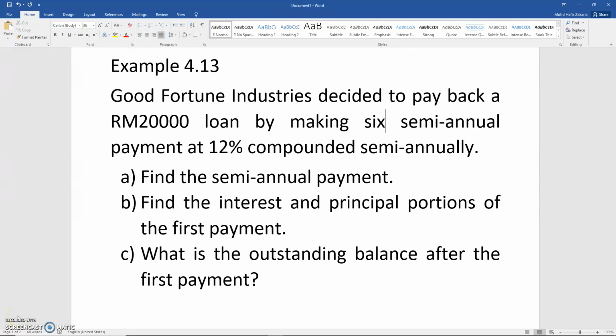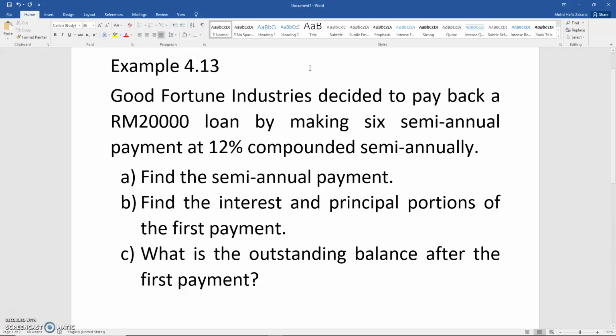Example 4.13. Good Fortune Industries decided to pay back a 20,000 loan by making 6 semi-annual payments at 12% compounded semi-annually. Okay, basically, let's try to look at this question. Whether it is just a normal kind of annuity or not.